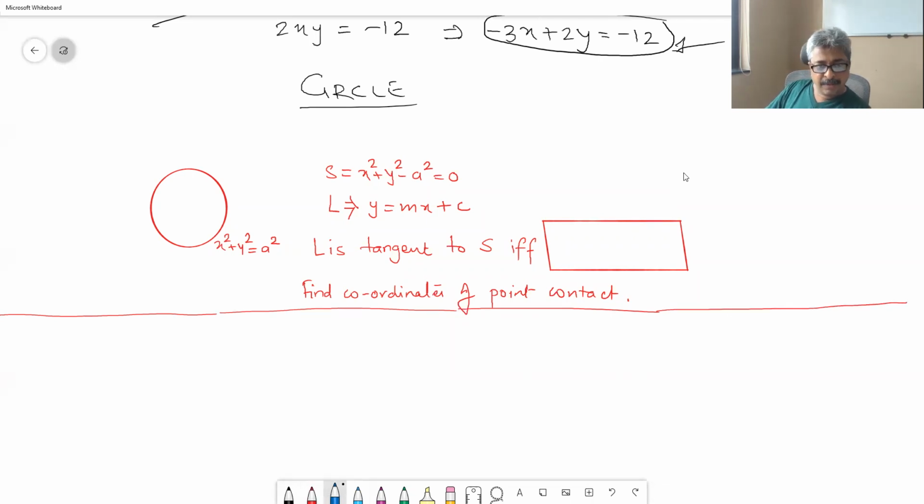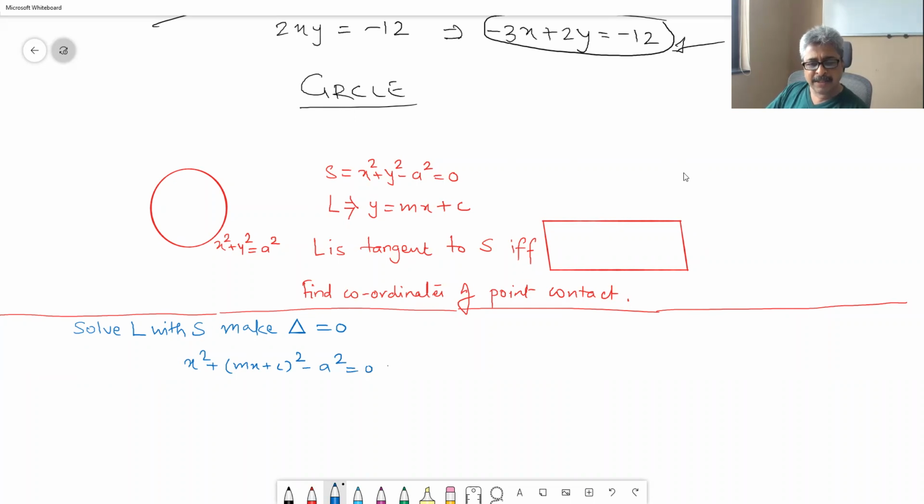Ninth standard method: solve L with S, make delta 0, a quadratic equation. So x square plus (mx plus c) whole square minus a square is equal to 0.